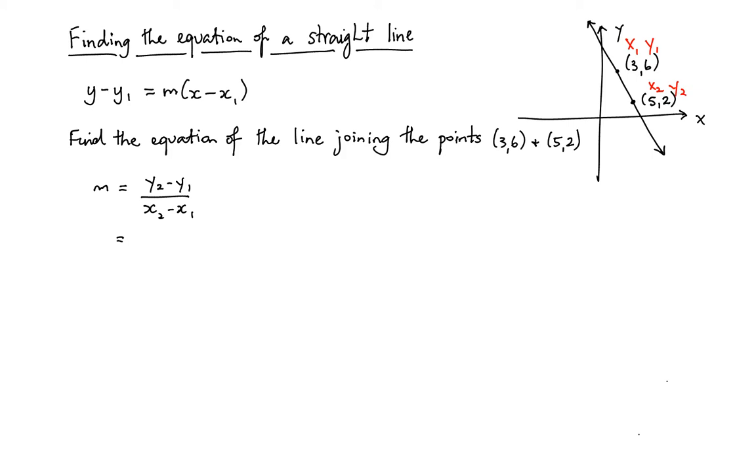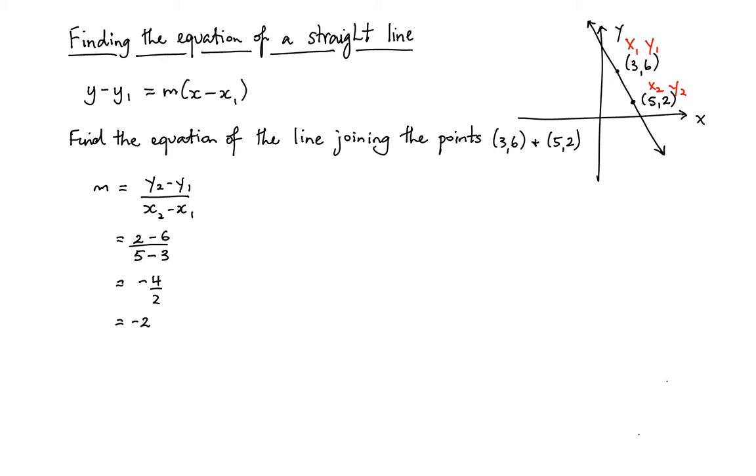So looking at those, y2 has a value of 2 and y1 6. x2 has a value of 5 and x1 has a value of 3. So that gives us negative 4 over 2, or a gradient of negative 2, which isn't surprising because our line is heading downhill relatively steeply.